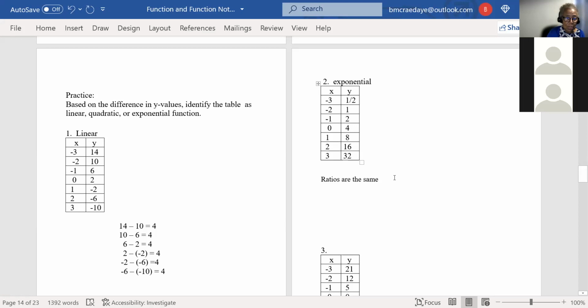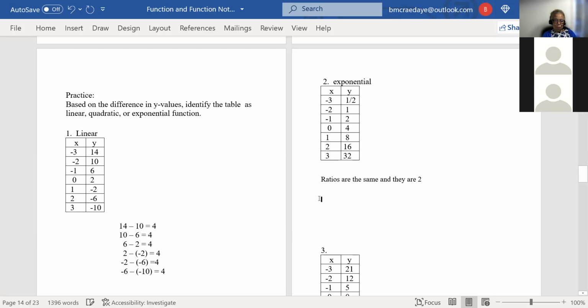So the ratios are the same, and they are 2. So that means it's exponential, because remember we said that exponential functions have common ratios.